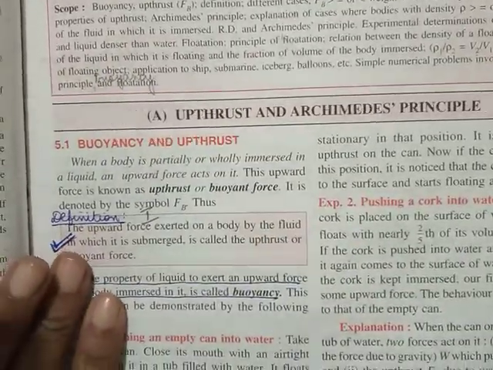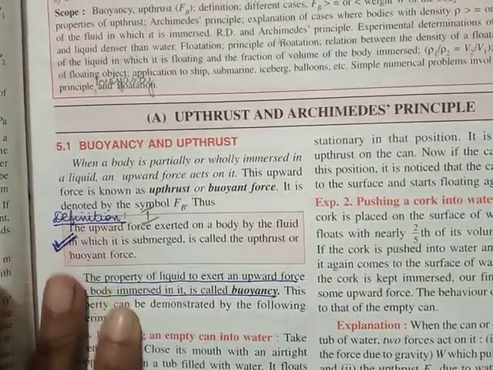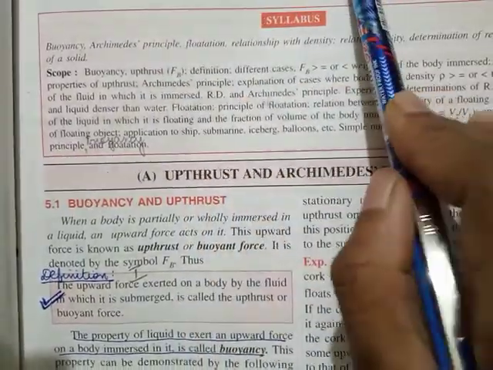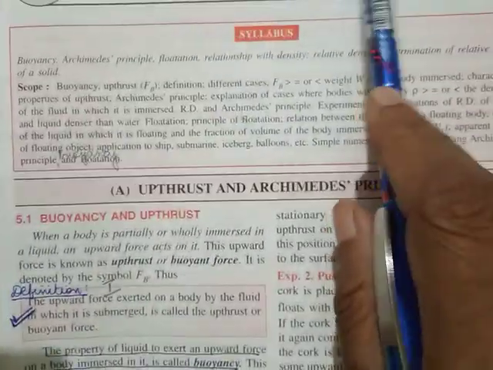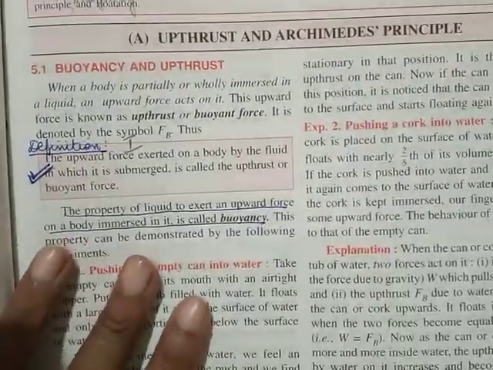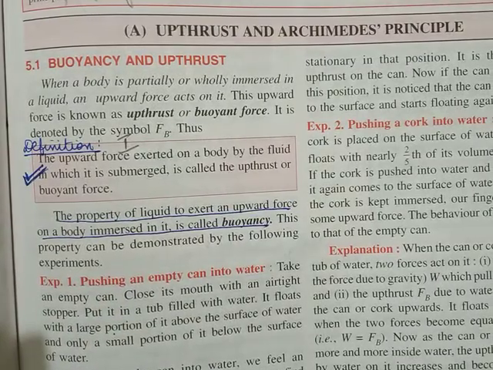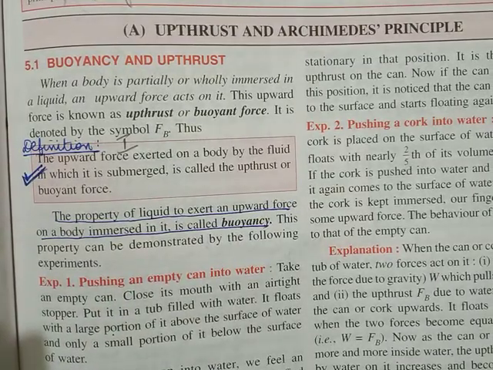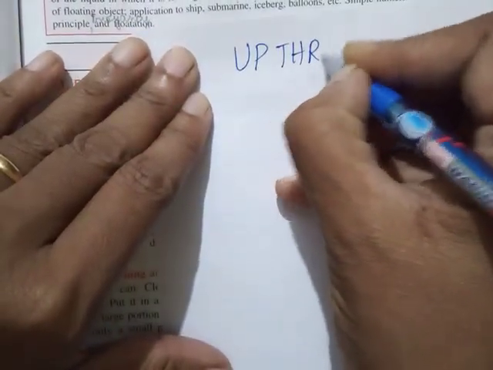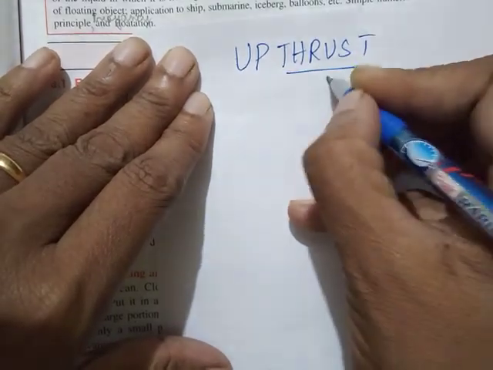Now we start with a new chapter, chapter 5, Upthrust in fluids and Archimedes principle and flotation. Upthrust, have you heard this word before? Upthrust. Now you know thrust is force.